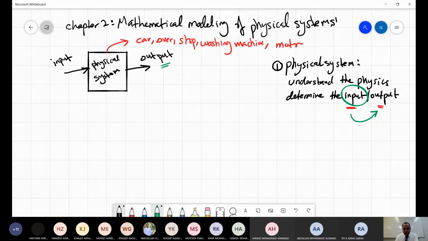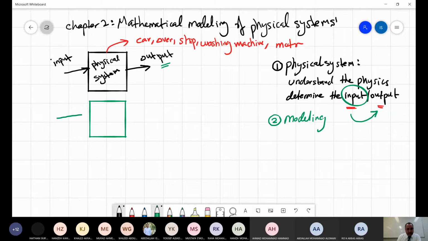Then I must represent the physical system in mathematics. Which means that I will assume that I'm having the same system, but virtually written as a set of equations.